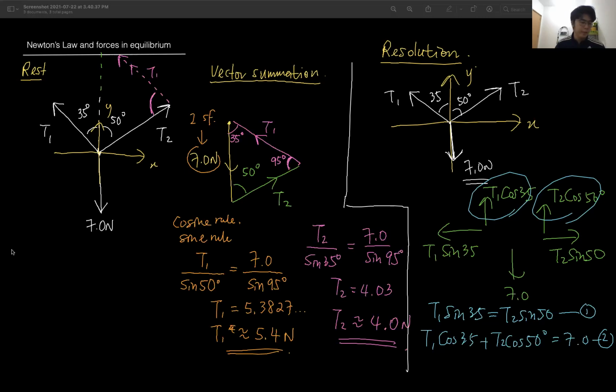Okay, I write it here on the bottom left. T1 equals to T2 sine 50 over sine 35. Okay, that's equation 3.